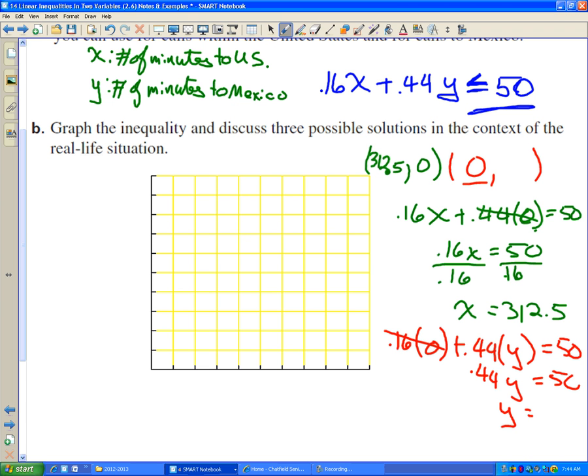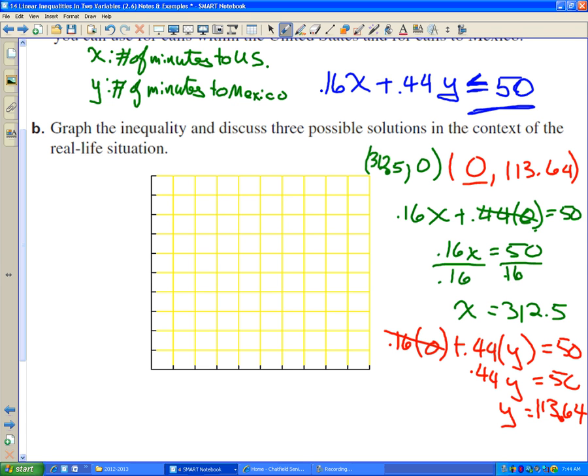I get out my handy dandy calculator: 50 divided by 0.44, I get 113.6. If I round to 2 decimal places, 113.64 phone calls.